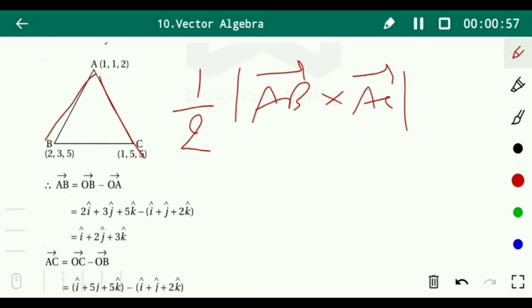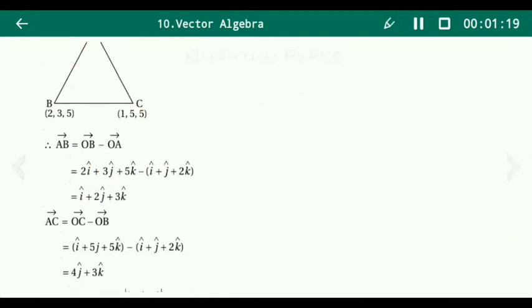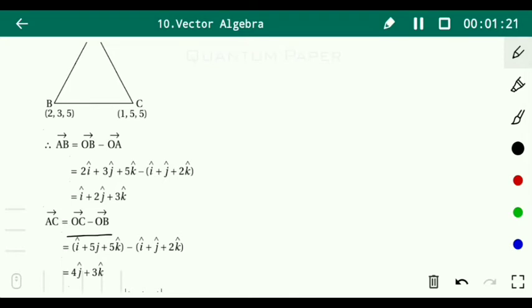So the value of AB is equal to, we can write, OB minus OA. So 2i plus 3j plus 5k minus (i plus j plus 2k). So we get 2i minus i will be i, 3j minus j will be 2j, and 5k minus 2k will be 3k. Then similarly we have to find out the value of AC. So the value of AC is OC minus OA.